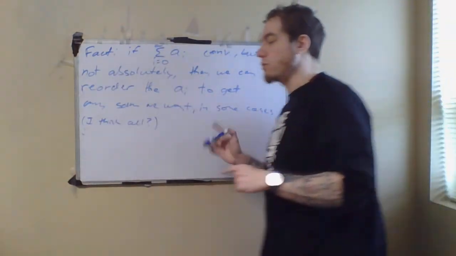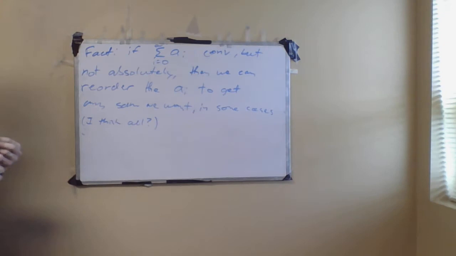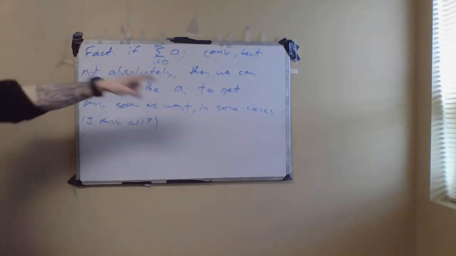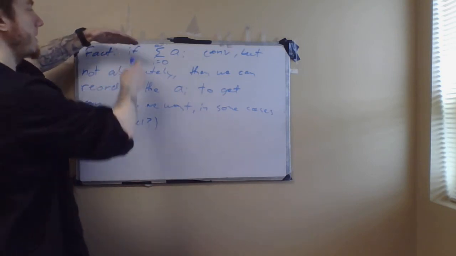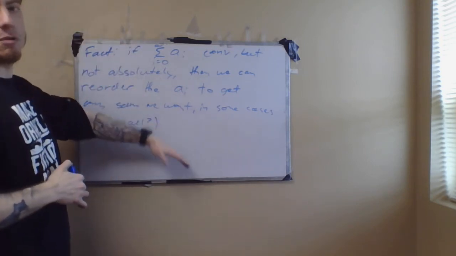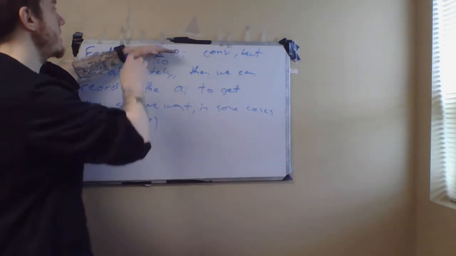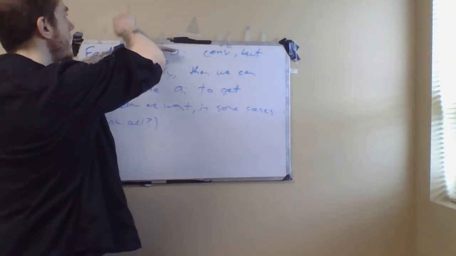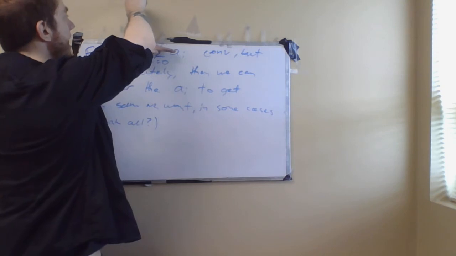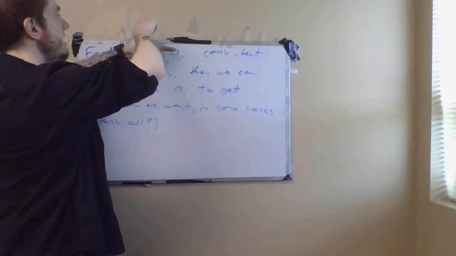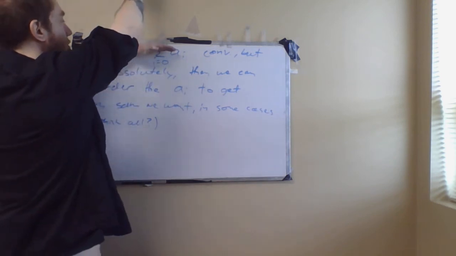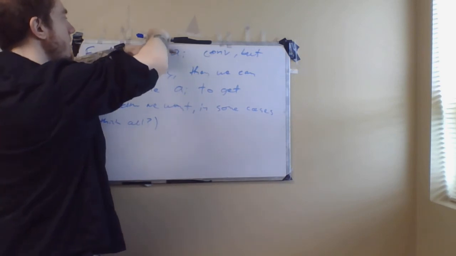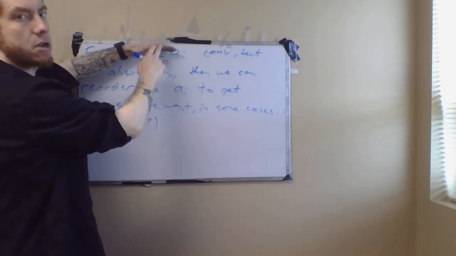So then what you do to get a different sum is you take a bunch of the positive terms until you get to a sufficiently large number. Like, let's say that I want my sum to come out to be bigger than some fixed number. Then I take all positive terms until I'm above that number. And then I take the first negative term, but I wait to take the first negative term until I'm sufficiently large with my partial sums that adding in the first negative term keeps me above that fixed number.